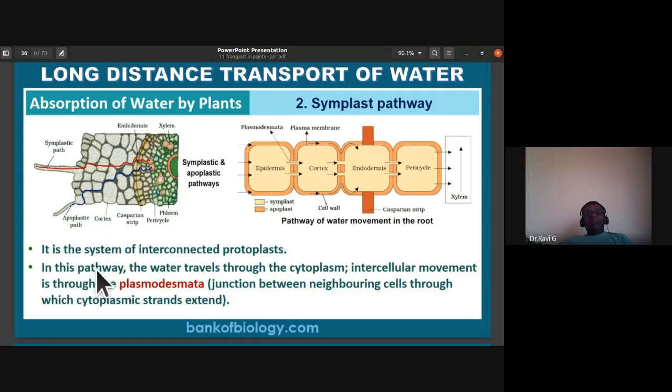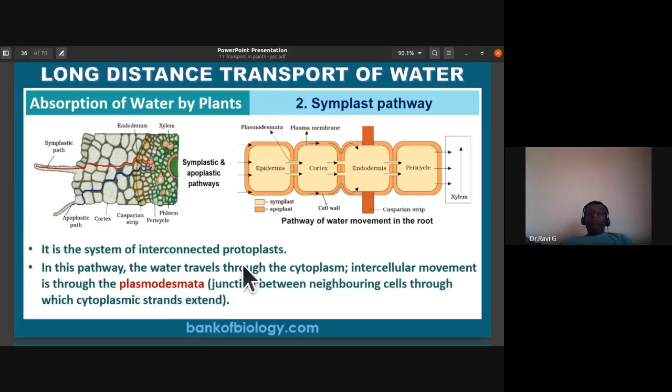In the symplast pathway, the water travels through the cytoplasm of the living components of the cell. The intercellular movement is through the plasmodesmata, the cytoplasmic connections between adjacent cells.